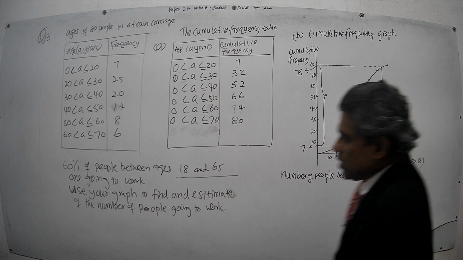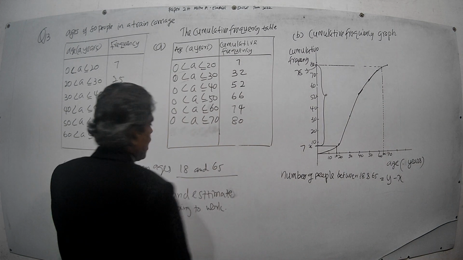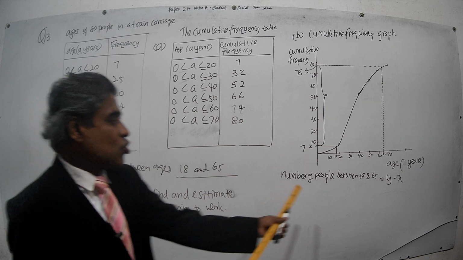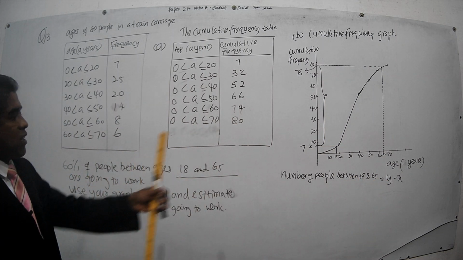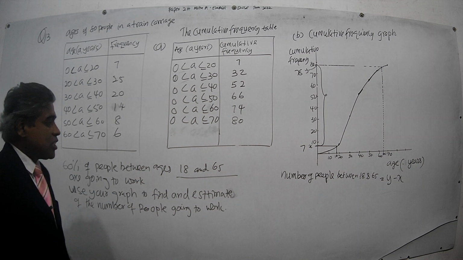But what they say is that not the whole number of people between the age group 18 and 65 go to work, but only 60% of that will go to work. Then you have to calculate 60% of that.